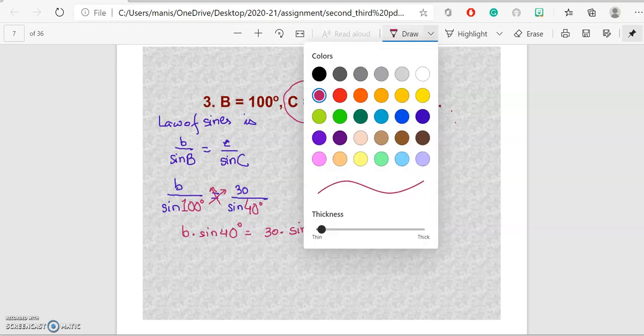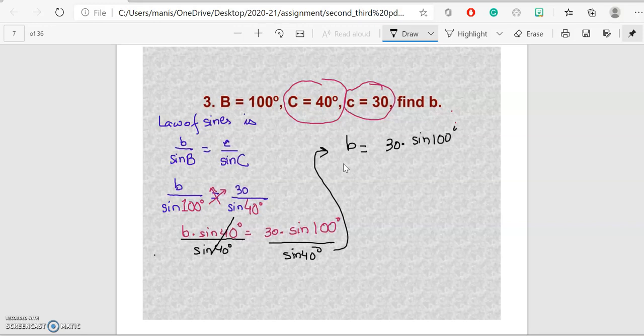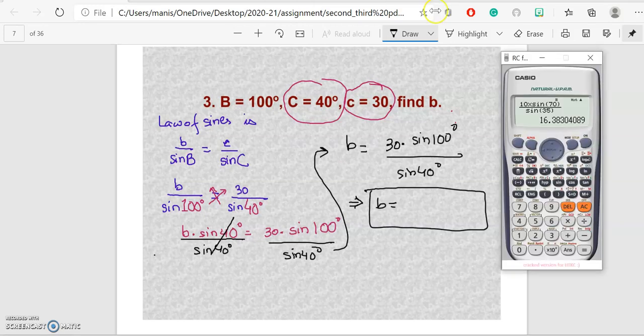After this, I will be isolating my b, so I will divide both the sides by this value, sine 40 degrees over here. This is like we are solving equations. This will be cancelled out and it will be like this: b is equal to 30 times sine of 100 degrees divided by sine of 40 degrees. So I will substitute all of the values in the calculator.